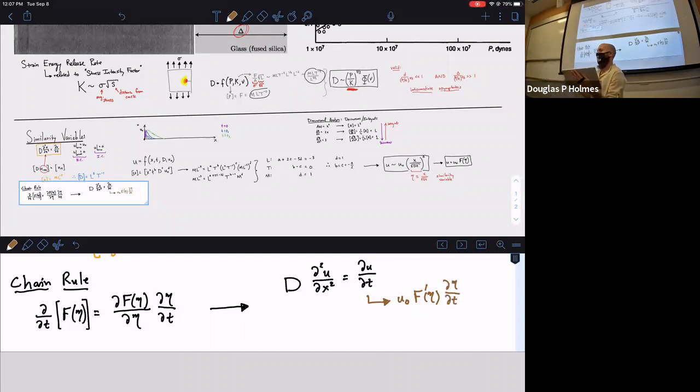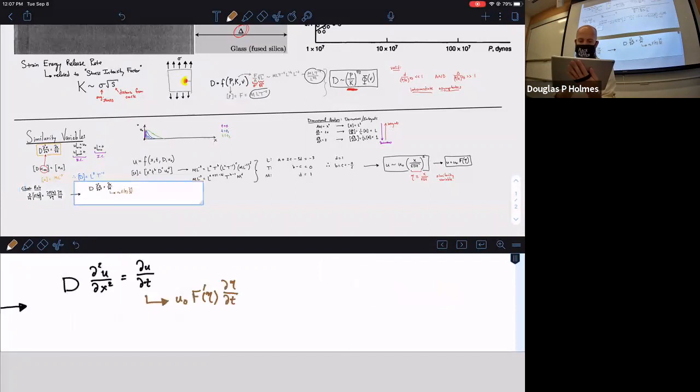A note on the notation I'm using: I use a comma to describe a partial derivative, and an apostrophe to denote an ordinary derivative. F only depends on eta, so taking a derivative with respect to eta is an ordinary derivative, and so we have f prime of eta. We don't know what f is, so we just know that the derivative is going to appear. But we do know what eta is, so we can take the time derivative of eta. It's a little bit of a pain, but that's okay.